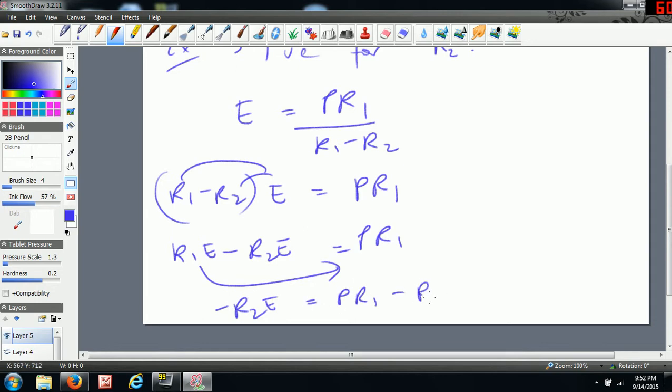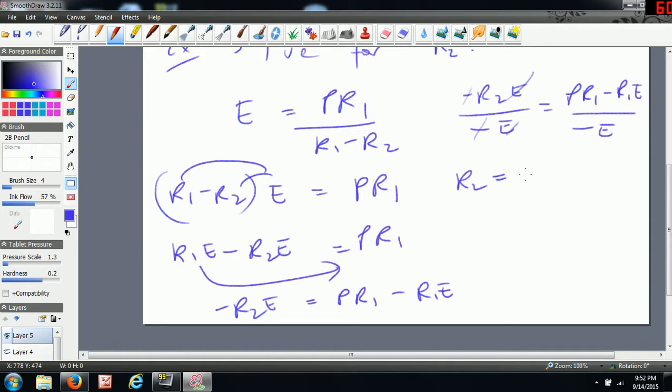PR1 minus R1E. And then to solve for R2, I'm going to divide both sides of the equation by negative E. Dividing both sides of the equation by negative E, we'll get R2 by itself. This becomes minus PR1 plus R1E all over E.